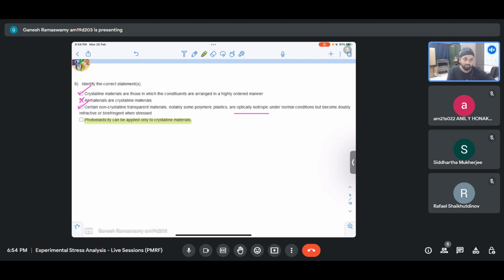Whereas if we see reflection photoelasticity, then we have a birefringent coating that we apply to a model, and the surface strains get transferred to that coating, which will induce birefringence again. And we will have the light source and sensors, cameras on the same side. So this can definitely be applied to materials that are non-crystalline also. Only one variant requires it to be crystalline. So this is not true. Whereas if this were to say transmission photoelasticity, then yes, it would hold.